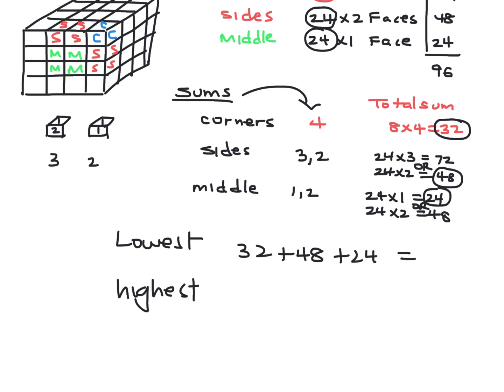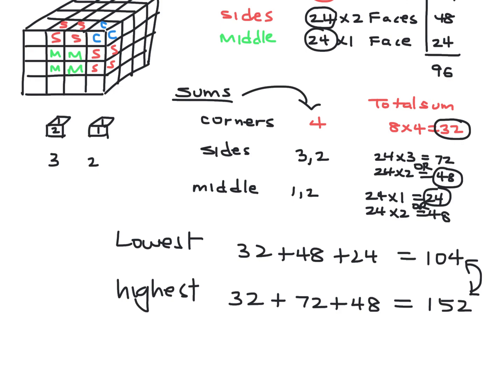So that is 80 plus 24, so 104. And then for the highest, the corner is fixed at 32, the side is 72, and the middle is 48. So that would be 80, but 152. So we could have every possible value from 104 to 152 inclusive.